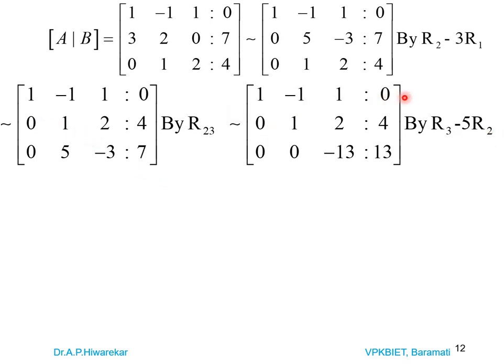So row number 1 and row number 2 as it is from the previous step, and this row becomes 0 as it is, 5 minus 5 is 0. Then R3 is 3 minus 10, which is minus 13. Then it is 7 minus 20, which gives minus 30. Actually there is a typing mistake over here.